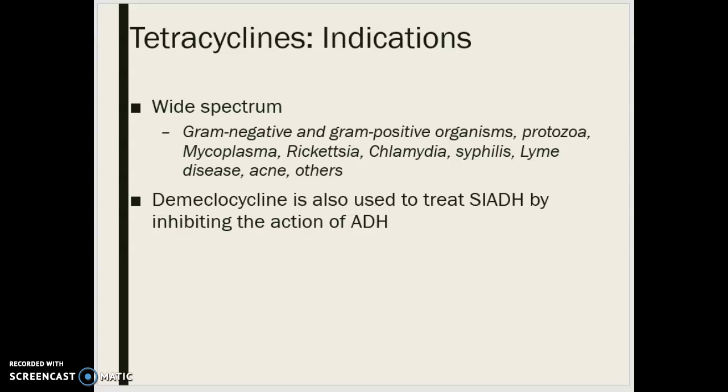Demeclocycline is also used in the treatment of syndrome of inappropriate antidiuretic hormone because it inhibits the action of the antidiuretic hormone.